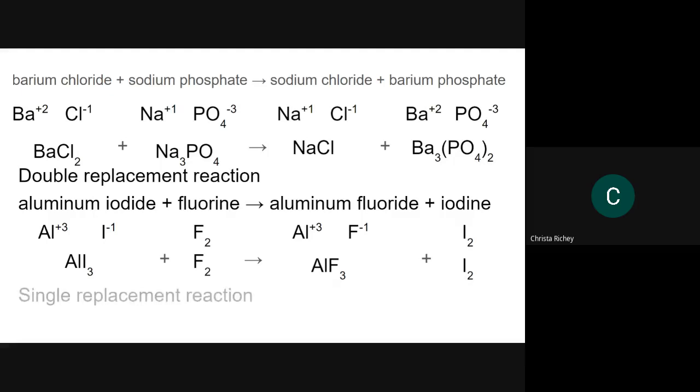Now, this is single. The difference between an element and a compound: an element is just one letter, well, it could be 2 in the case of chlorine, like Cl2, but it's just that one element. A compound has 2 different elements in it, which is why this is an element and this is a compound. That is a single replacement reaction.